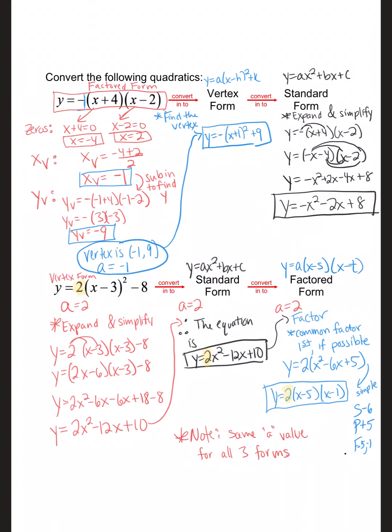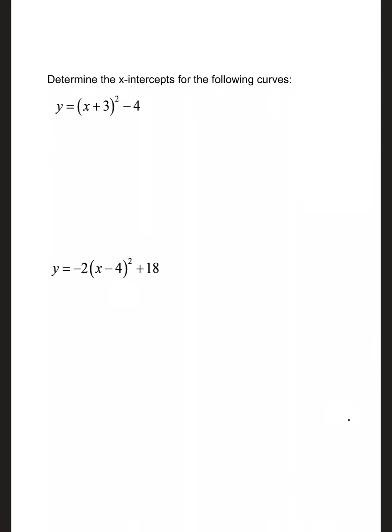Okay, one more page for today. So this next part says we're going to determine the x-intercepts for the following curve. The problem is that we've only learned how to determine our x-intercepts, which we also call our zeros, from being in factored form.